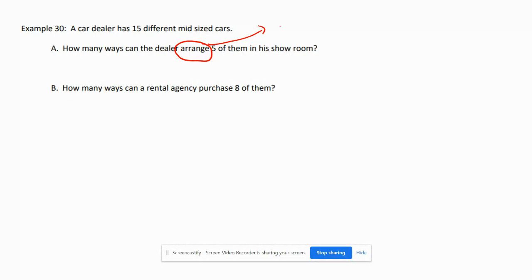Okay, well, arrangements implies that the order matters. So in this case, this would be a 15 pick 5. Okay, so 15 pick 5. So when order matters, we use permutations.